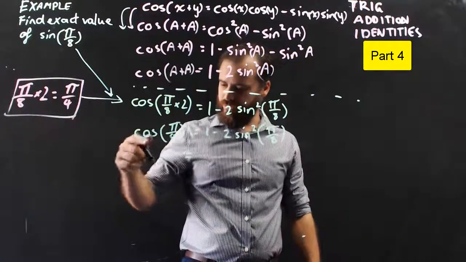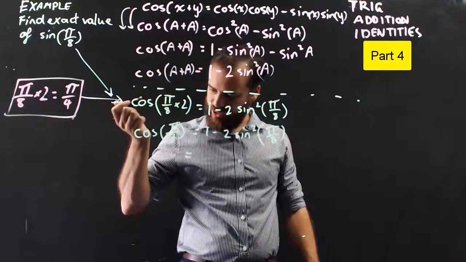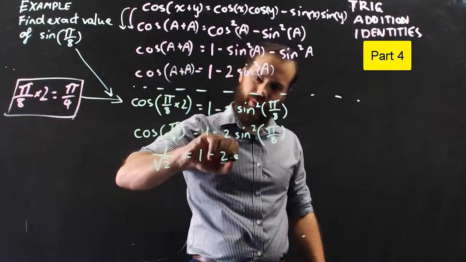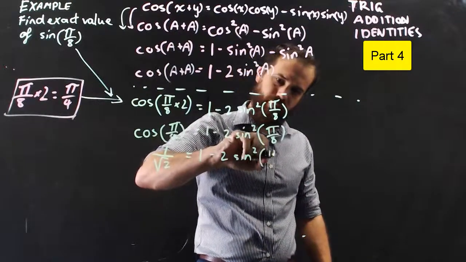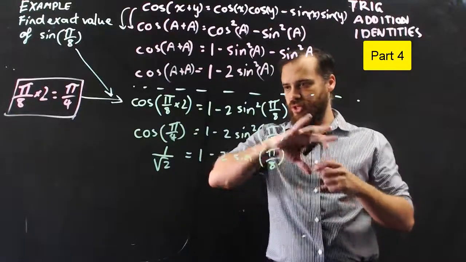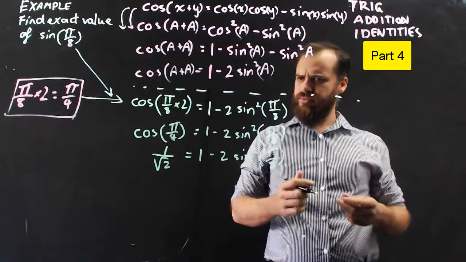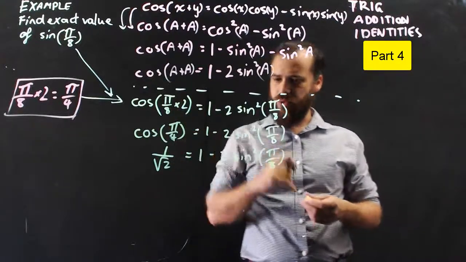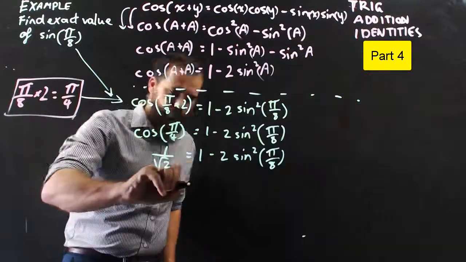Now, the exact value for pi on 4 is 1 on root 2. And then we just solve that. Move the 1, divide by negative 2, square root, and we should get an answer.